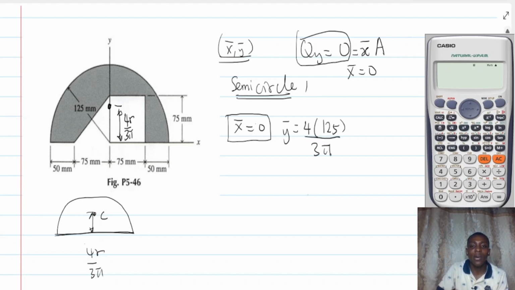So what then is our y bar? 4 multiplied by 125 divided by 3 pi. So 53.05. Our y bar is 53.05 millimeters.